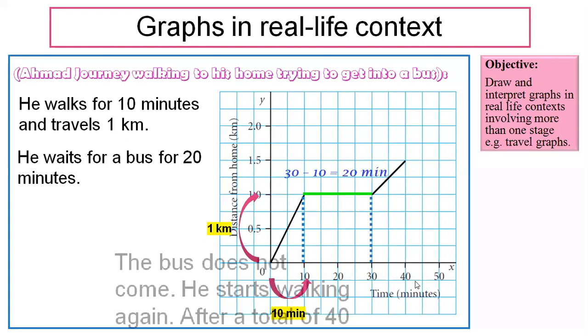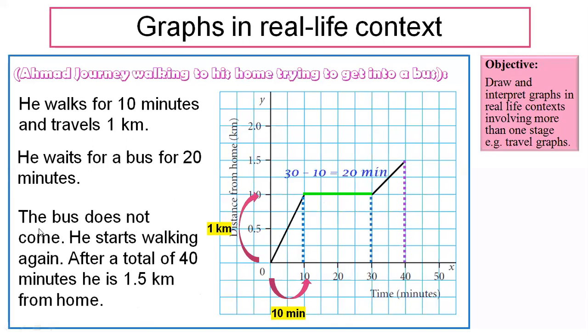So it's actually, look, the bus doesn't come. So he starts walking again, and the total is 40 minutes. So 10 minutes here. And how many kilometers did he walk?